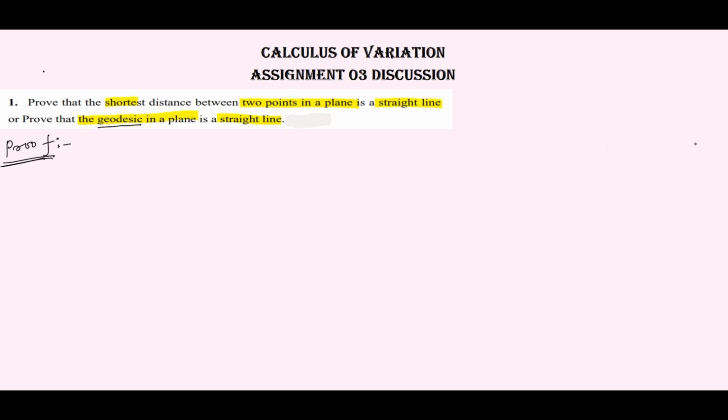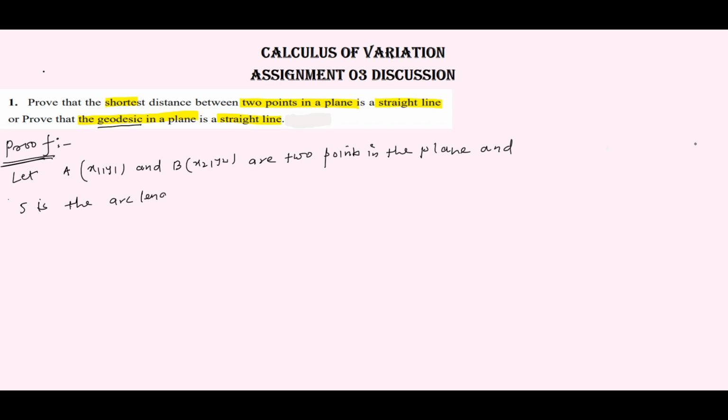So first of all, we consider a point A, that is x1 comma y1, and the point B, that is x2 comma y2, are 2 points in the plane, and S is the arc length, or actually in the functional we need to minimize the arc length. S is the arc length of the curve AB.